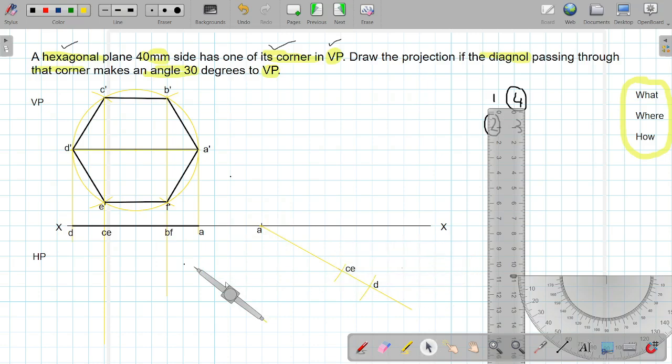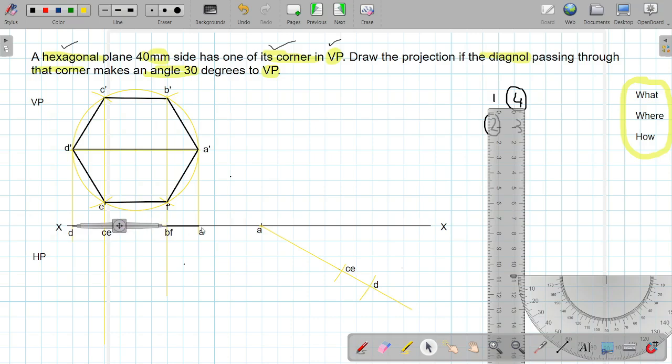Then we have to measure from point A to BF, or you can also measure from point D to BF as per your convenience. So I will measure from point D to BF because of my compass constraint in the software.